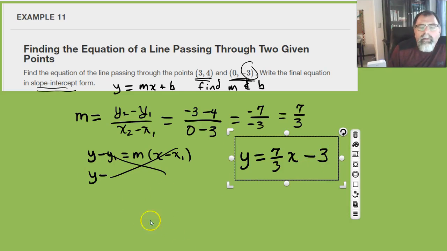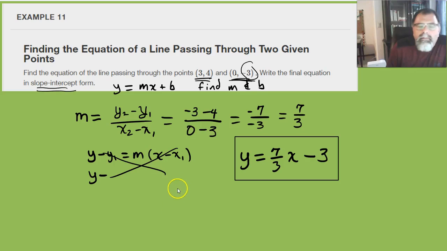Right? Let me go ahead and do it this way, like I didn't realize that was it. So let me just go ahead and do it. Okay, so let's pretend I didn't recognize that. So y minus y1 would be 4. M is 7/3.